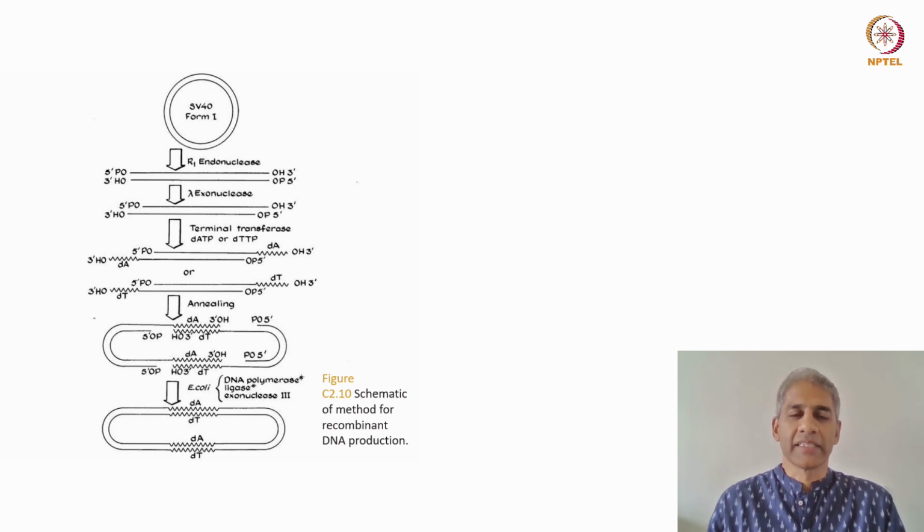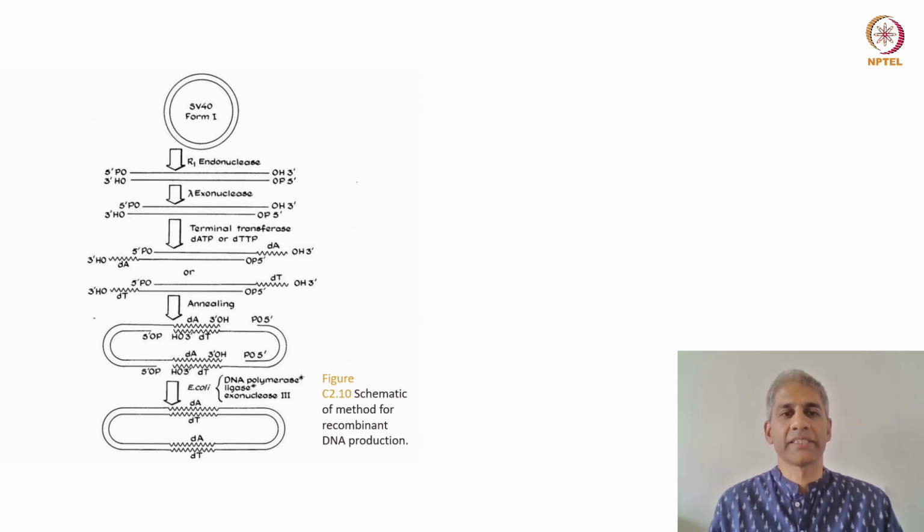And this is a schematic of that original experiment. First, you have to linearize these viral DNA molecules. This was done using an enzyme called a nuclease, which will cut up DNA. Nucleases were used to cut both the SV40 genome and the lambda phage genome. Then the research team added specific nucleotides to the ends of each of these viral DNA molecules.